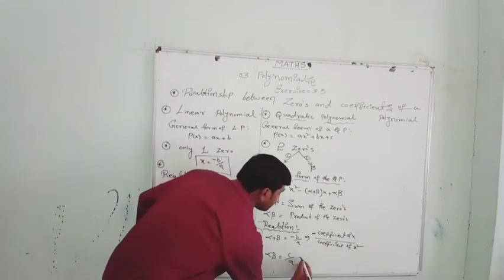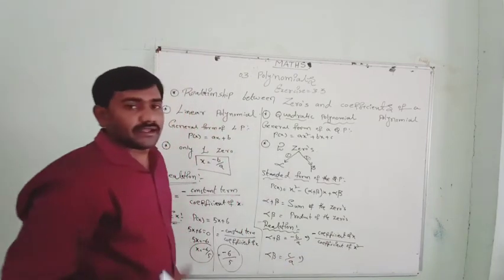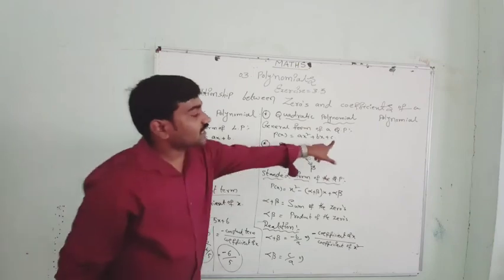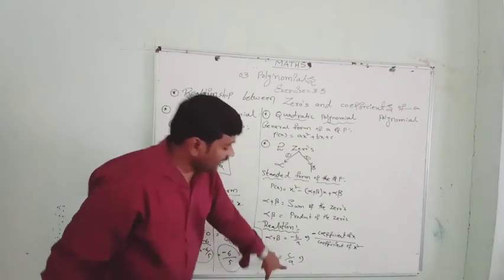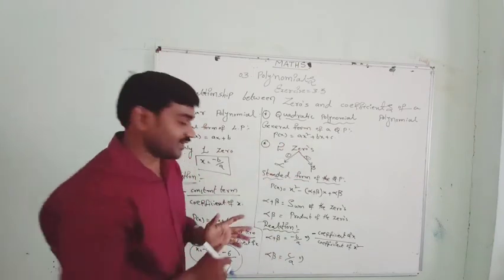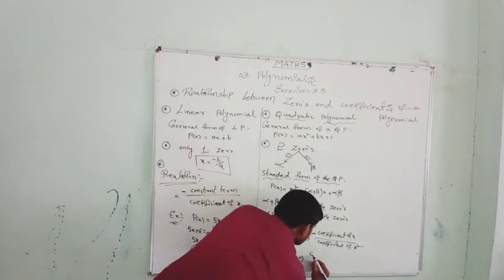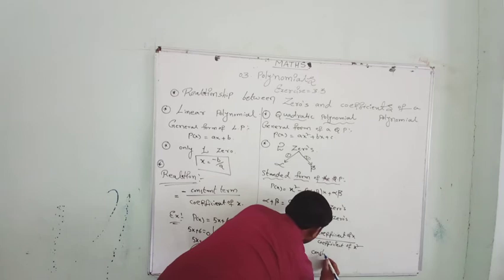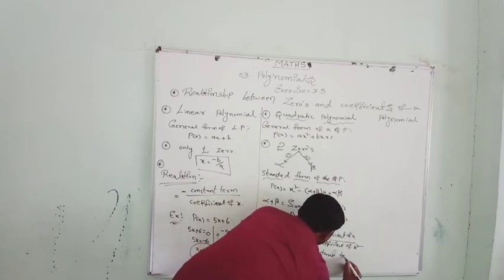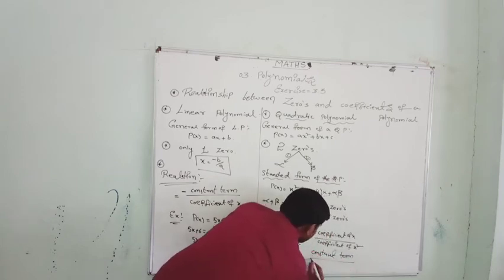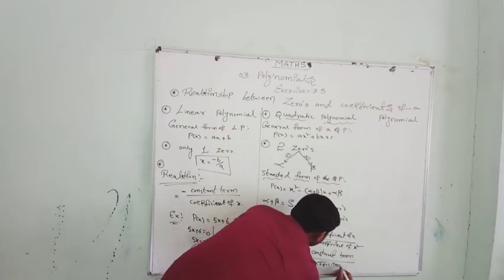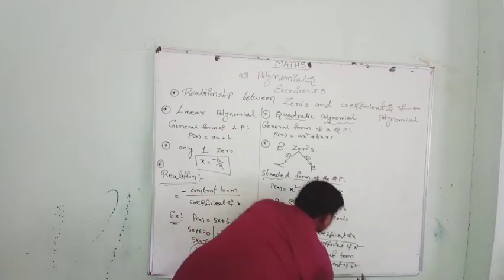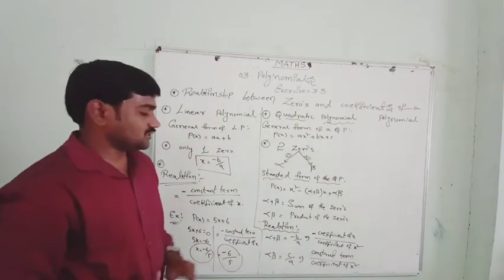Now, what is c by a? c is nothing but the constant term, by a, that is the coefficient of x square. So c by a is the constant term by the coefficient of x square.